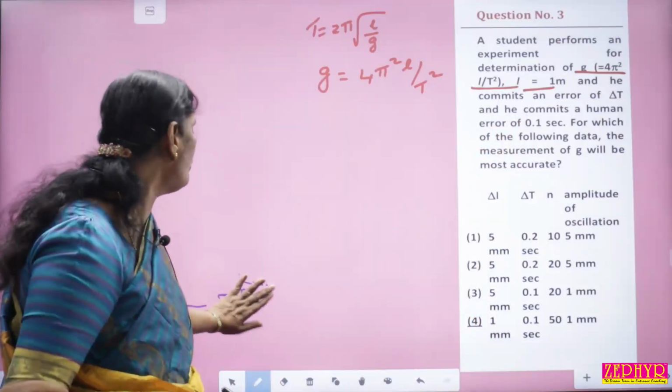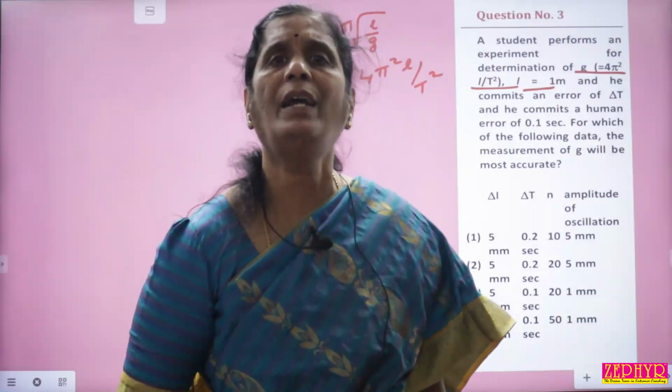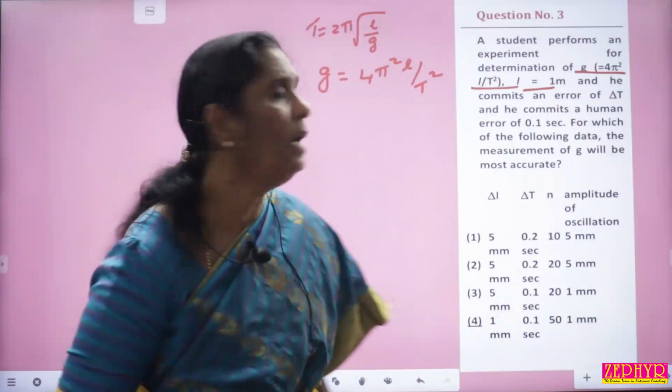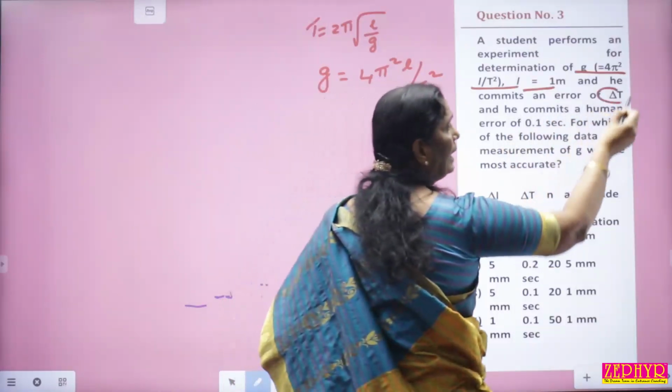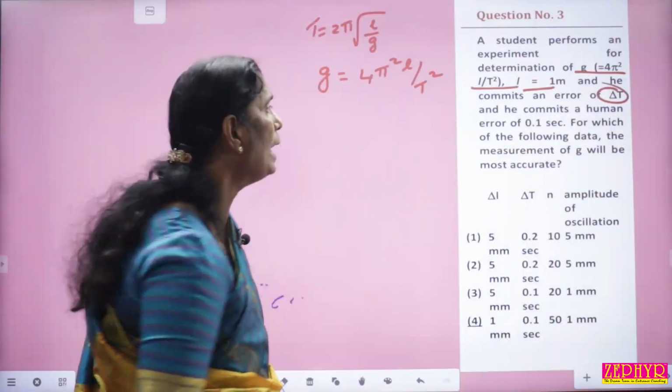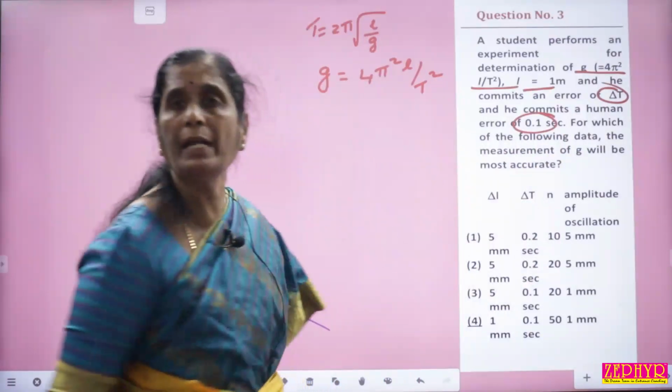Whenever you go for measurement, either length measurement or time period measurement, definitely we have some error. So the student has committed an error of delta T in the time period, a human error of 0.1. So delta T is 0.1.